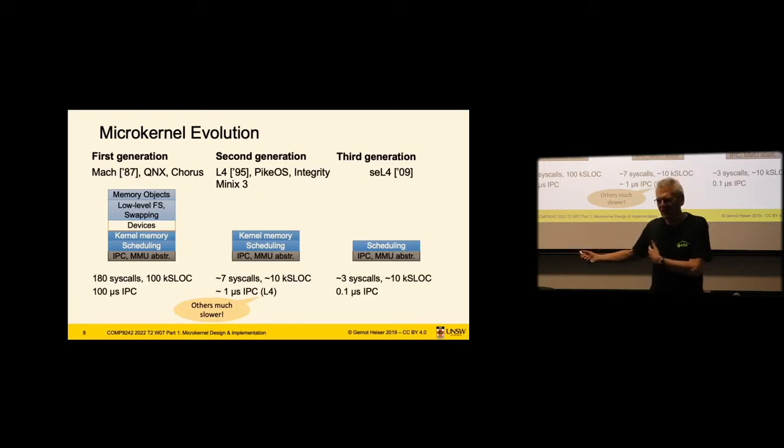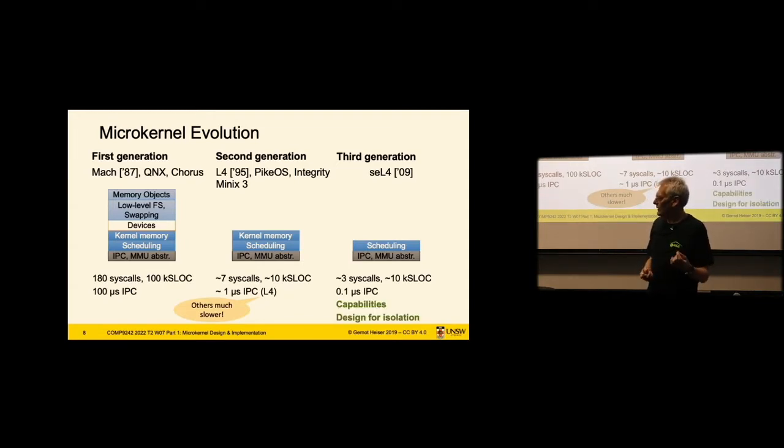So the advantage is it's even more simplified, the number of syscalls reduced, partially because it's a capability kernel, of course. The code size is still the same, about 10,000 lines. Fast IPC, but that's just a hardware artifact, right? This is an improvement in hardware speeds.